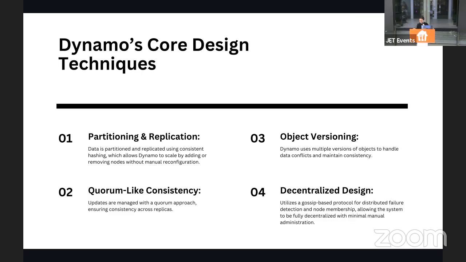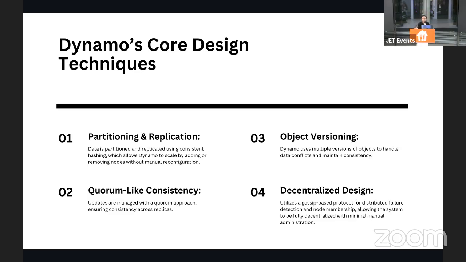Consistency among replicas during update is maintained by quorum write and quorum read technique. Also, DynamoDB uses a gossip protocol to detect the failure of nodes. And DynamoDB itself is decentralized, meaning any nodes can be removed and added automatically without manual intervention.